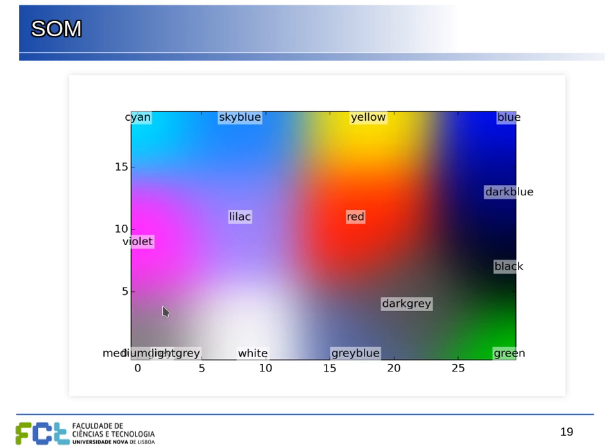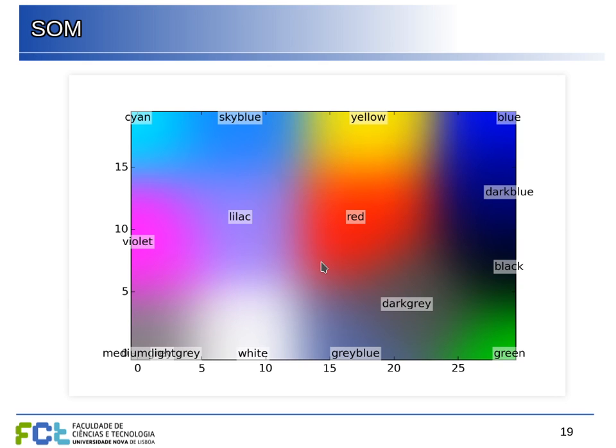And now you can see how the related colors tend to be closer together, for example, red, yellow, and so on. But the SOM tries to organize this in a way that optimizes the correspondence between the neurons in the SOM and the colors in the color space.